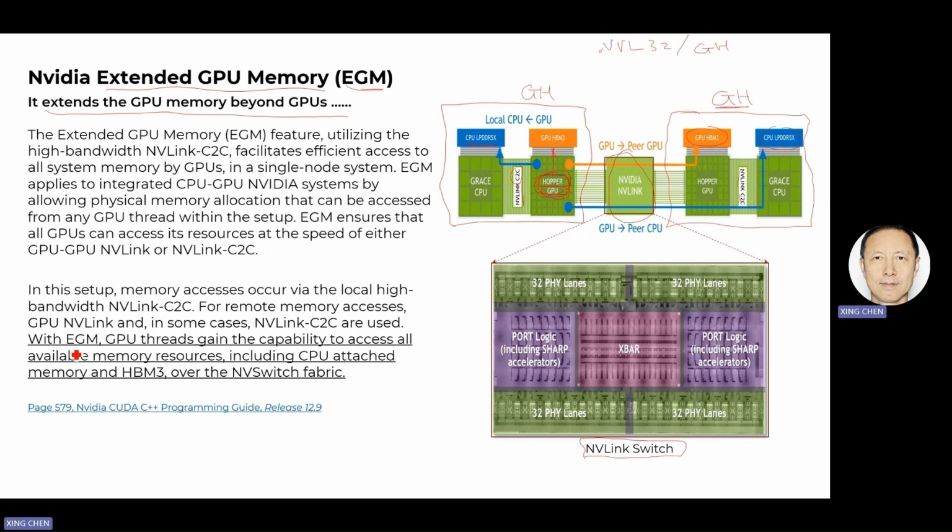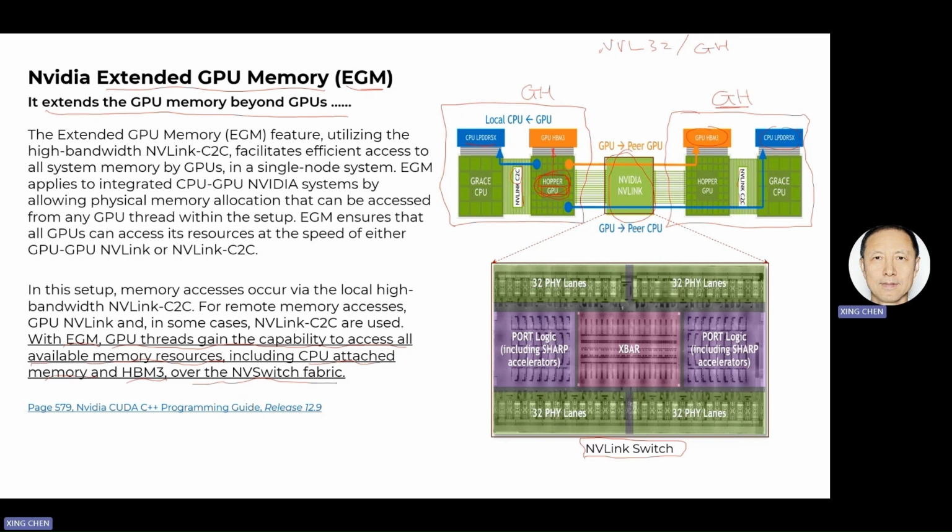Basically, the document is saying that with EGM, GPU threads gain the capacity to access all available memory resources, including CPU attached memory and HBM, the GPU memory, over the NVLink switch fabric. This is the definition of EGM.